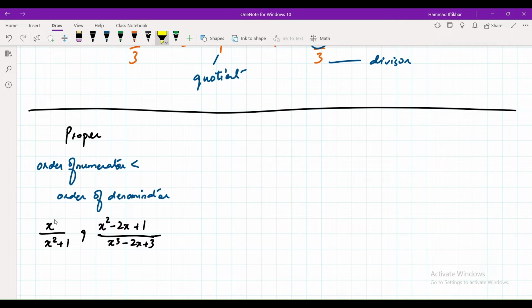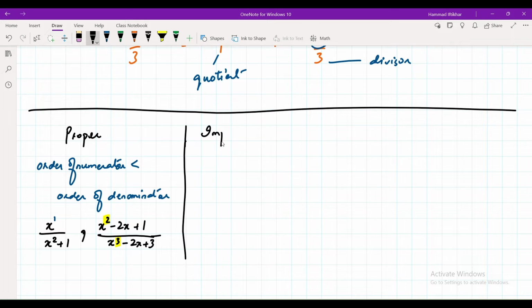So the order in the first one is 1, the order of the denominator is 2, so proper. The order of the polynomial is 2, the order of the denominator is 3, so less than that. So it's proper. Now, we're not saying that there is no further simplification possible. Maybe there are some common factors that can further simplify that particular expression, but we don't need to do the long division over here.